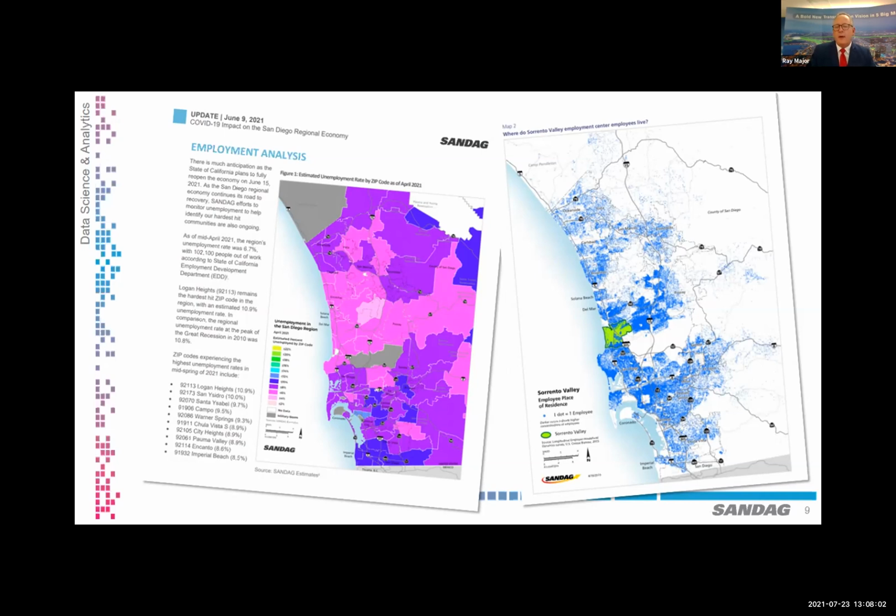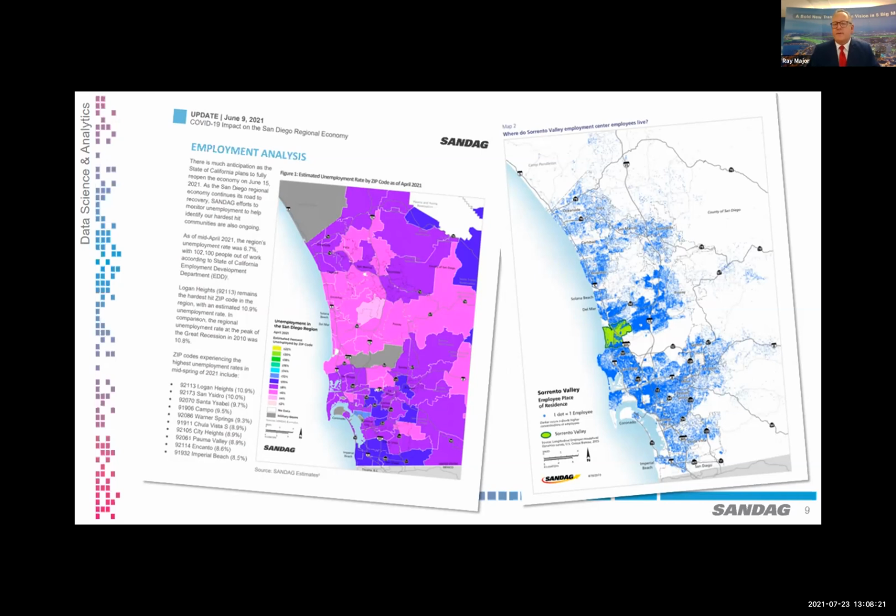We wanted to understand where people were losing their jobs, which areas were hit the hardest. So we were putting out these type of reports, and we were in the news constantly. When it came to employment reports, we were looked at as an authority on that. Again, that's Sandag and our ability to be the gold standard of data in the area.